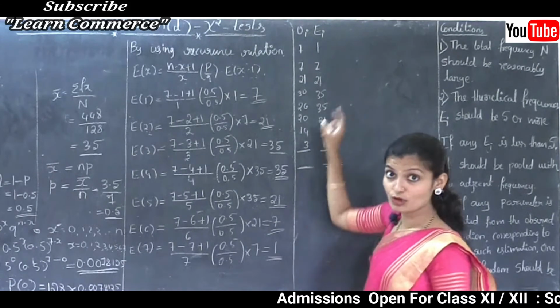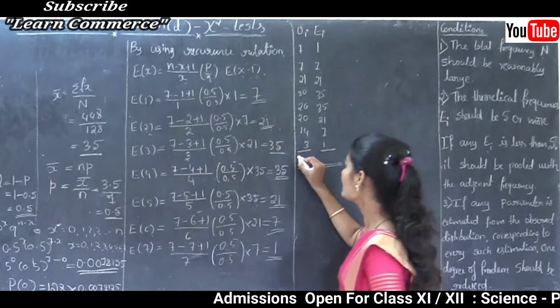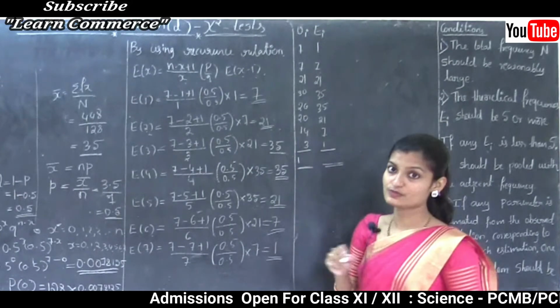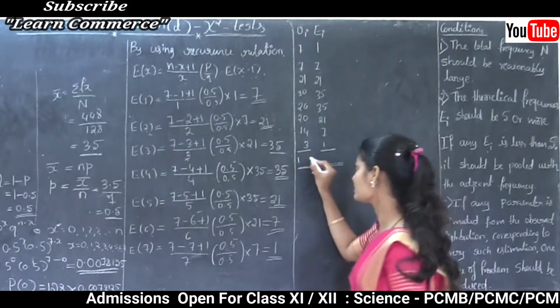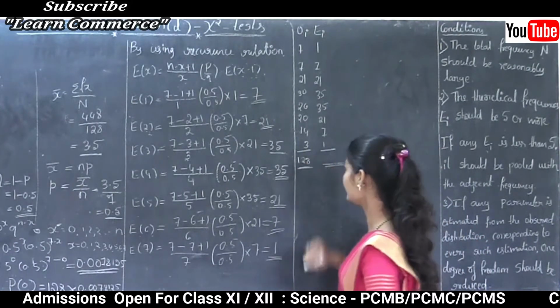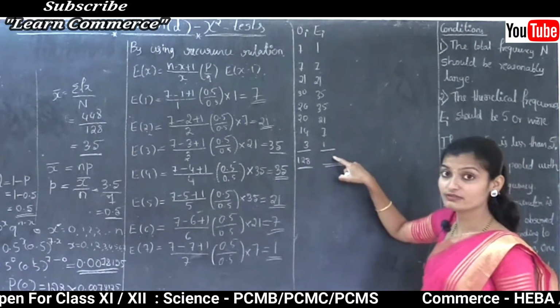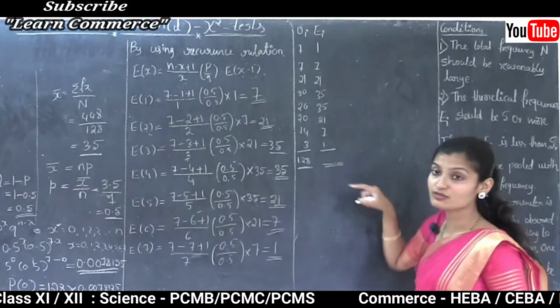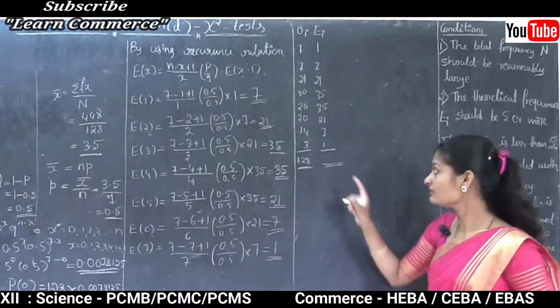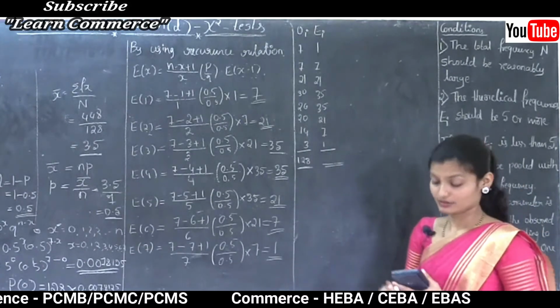We know that the total frequency of the observed frequency distribution is 128, and here also we should get the same value, otherwise our calculation is wrong.